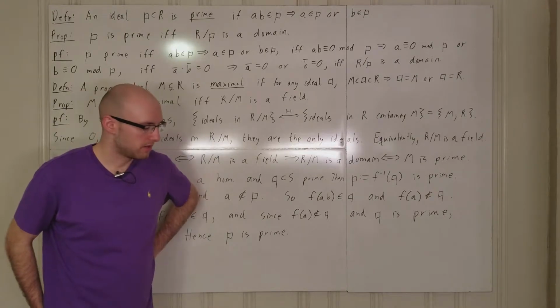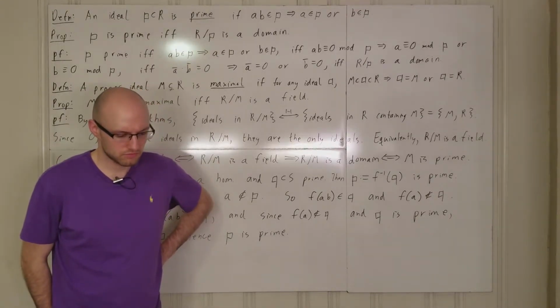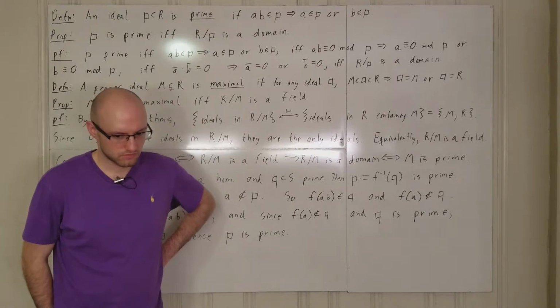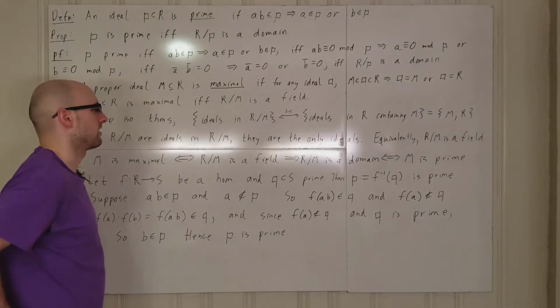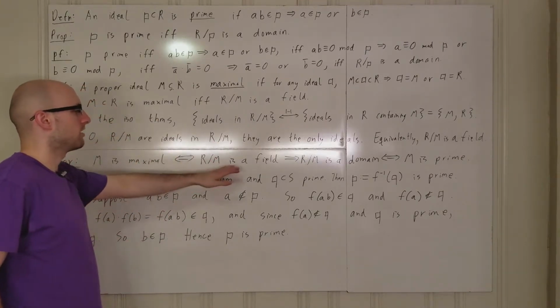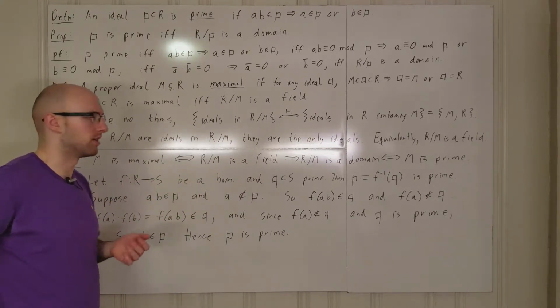Say you multiply two non-zero elements. I don't want to try to come up with the proof on the spot here, but this is a pretty straightforward fact in just basic algebra in general.